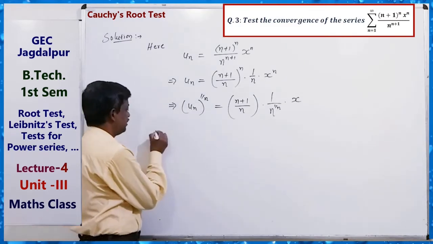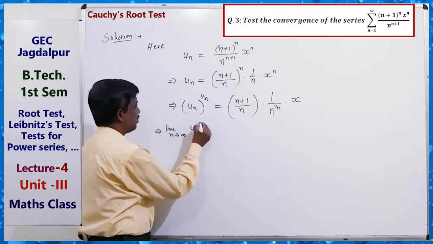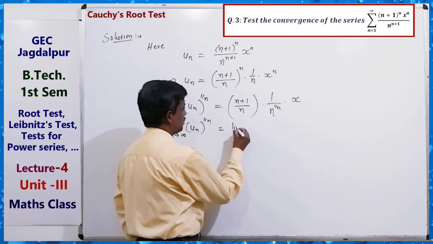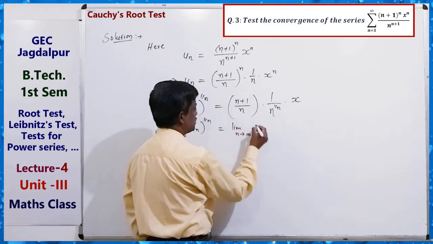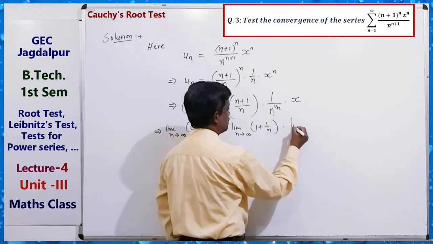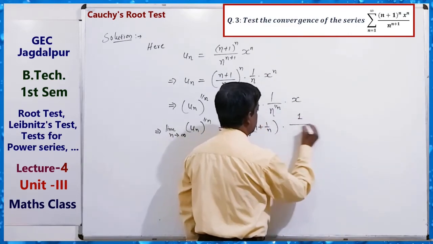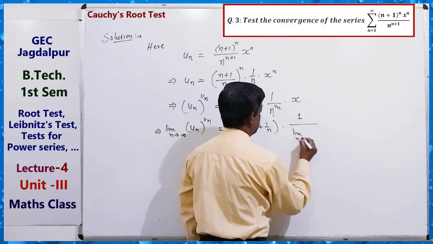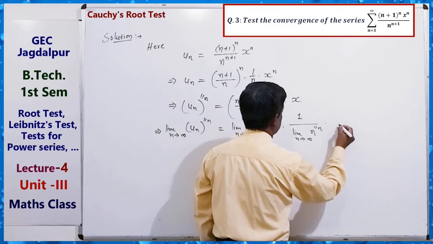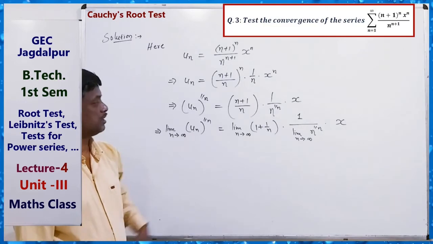Now taking the limit as n tends to infinity of un power 1 by n: the limit of 1 plus 1 by n, and 1 upon the limit of n power 1 by n, into x. x is free from n, so we can write it like this.